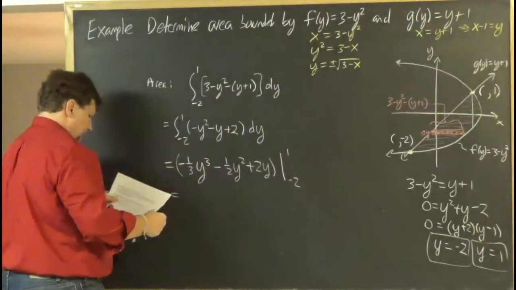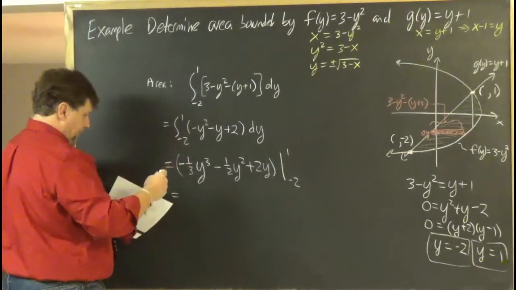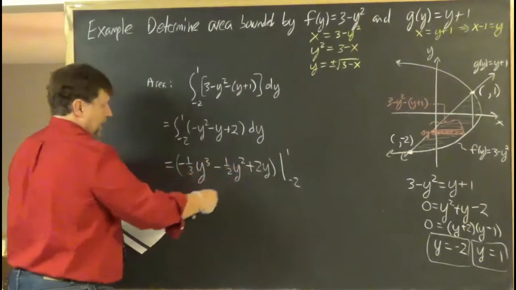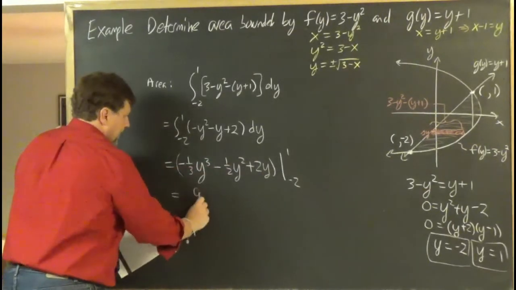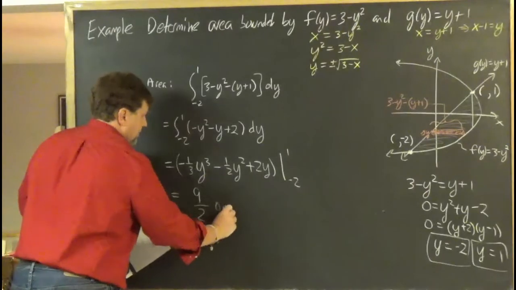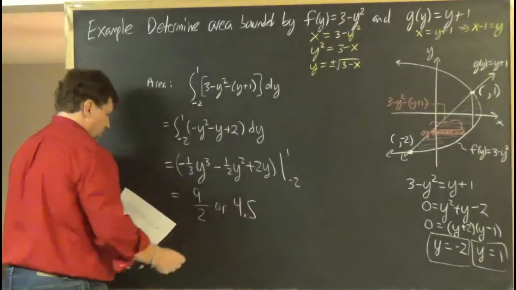And when I use the fundamental theorem of calculus, I'll let you verify this. You put the 1 in and then minus putting the negative 2 in. You're going to get the area to be 9/2 or 4.5.